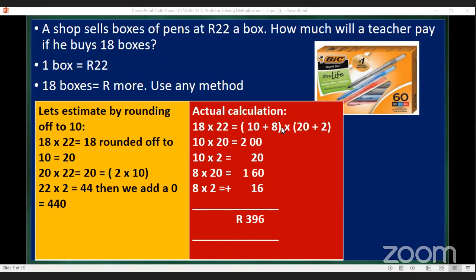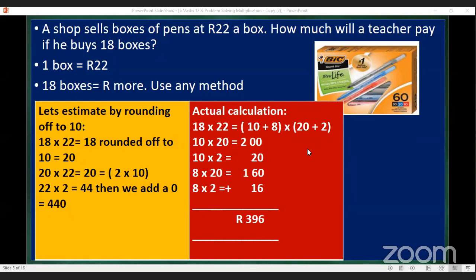How did we get this top one? Maybe someone doesn't understand how we have the brackets here. First, you break down 18, say 10 plus 8. Then you break down the 22, say 20 plus 2.